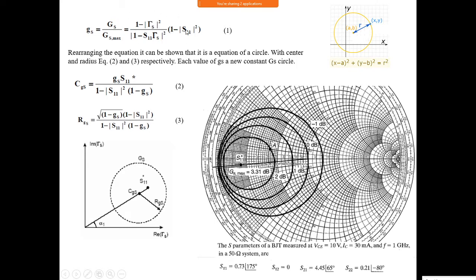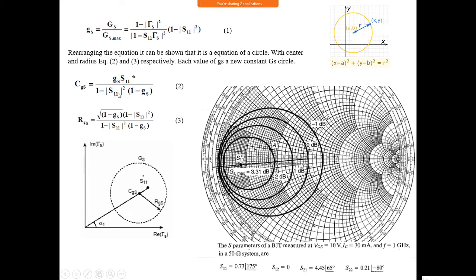The equation of a circle has a center and a radius. For a given value, you can get the center of the circle and the radius of the circle like this.